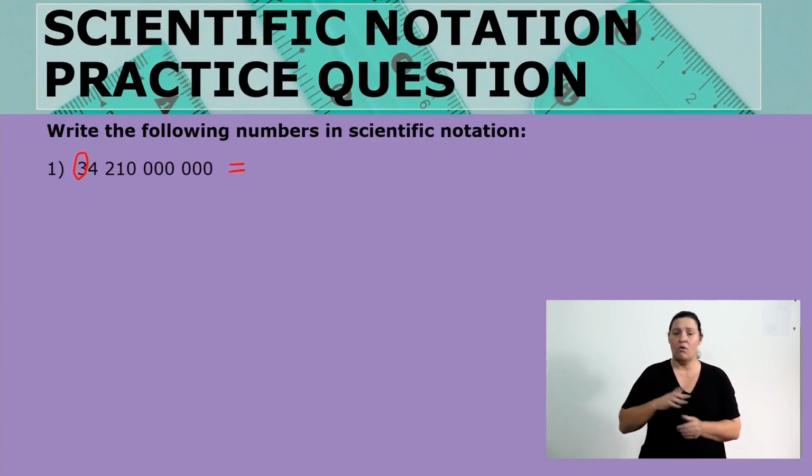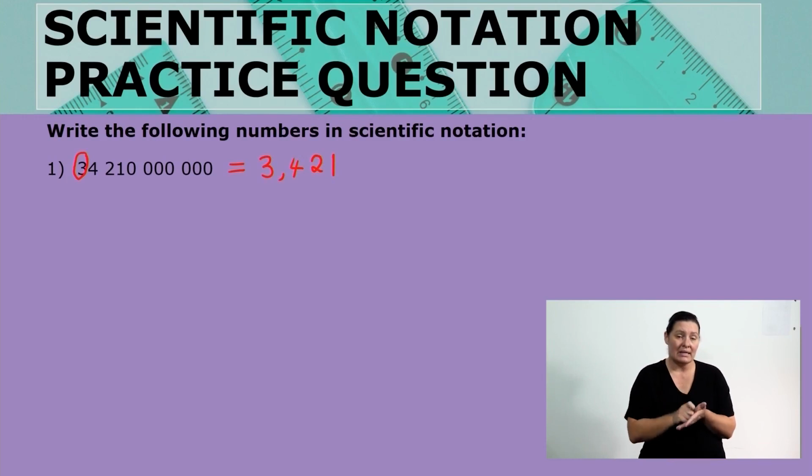So, firstly, I am going to write 3.421. Because remember, when we are writing in scientific notation, I need to make sure that my decimal is either equal or greater than 1, but smaller than 10. And we always write our scientific notation as a product of two numbers, and the second factor will be a 10 raised to an exponent.